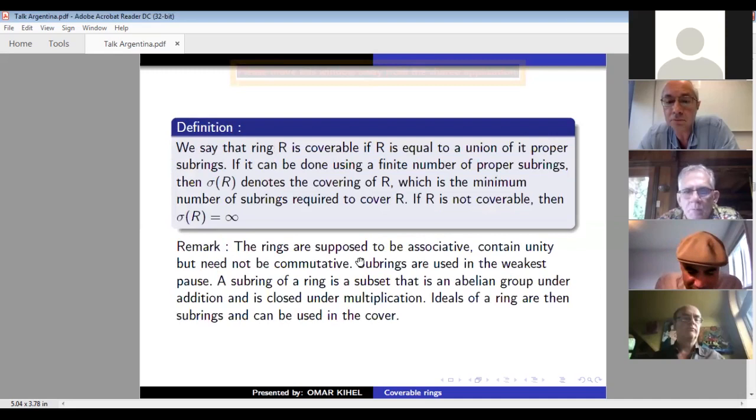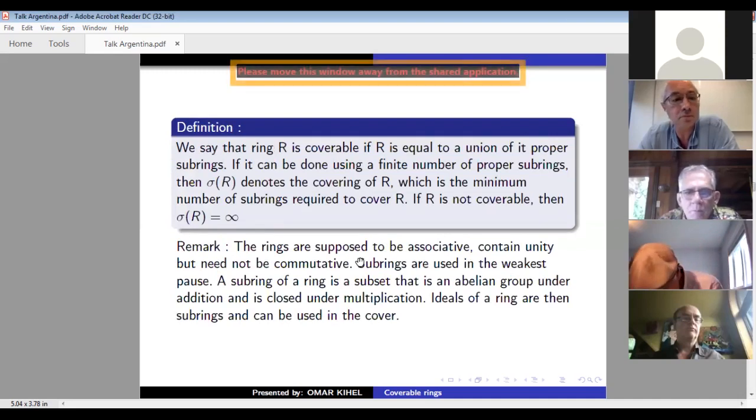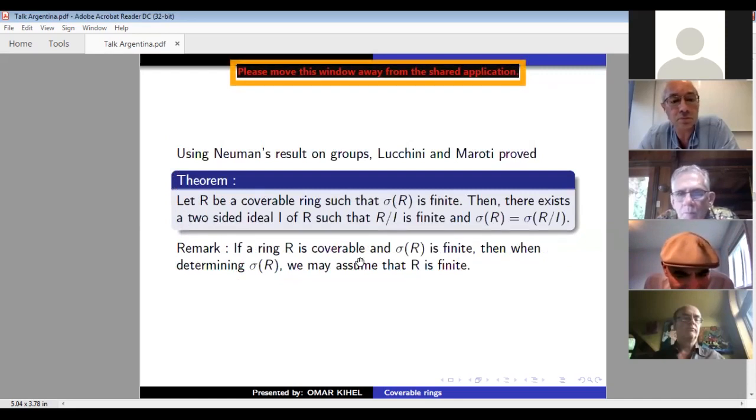So the same definition here, sigma. You remember Neumann's result that I told you is very important, and using this result we can prove the following.